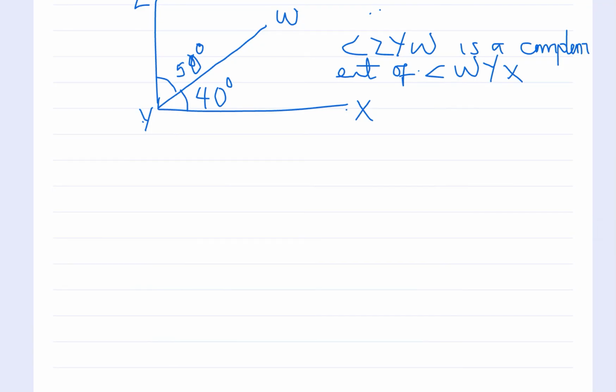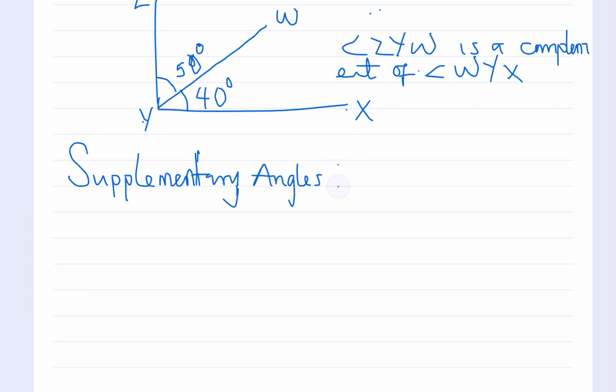So now we have another one that we call supplementary angle. That's like the other part of complementary angle. Supplementary angle simply means when they add up to 180 degrees.